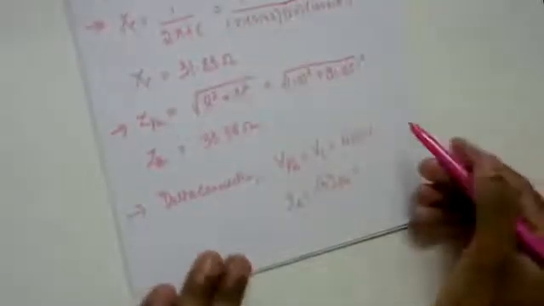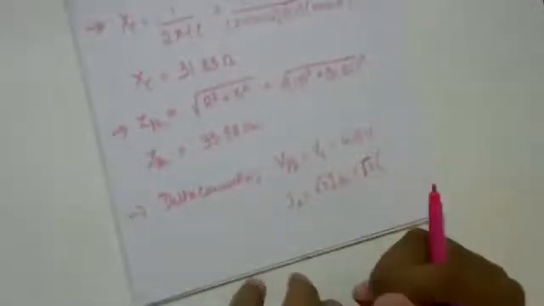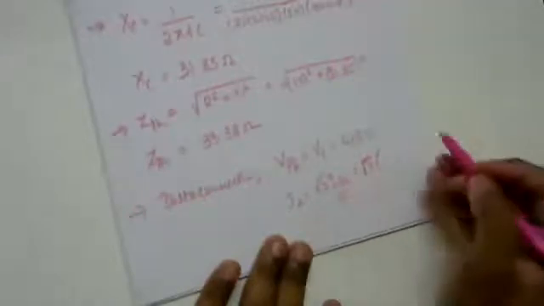The value of phase current is found to be, yes, what's the value of phase current? First we have to compute the value of I phase, because we know Z phase and also V phase.